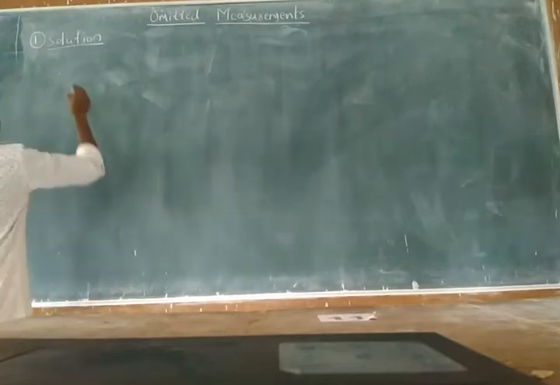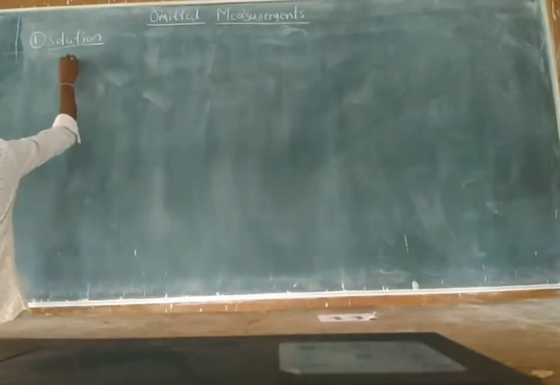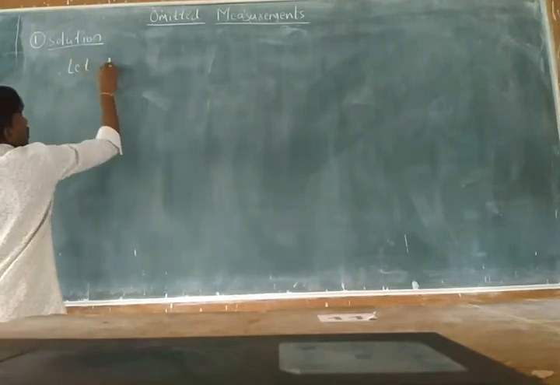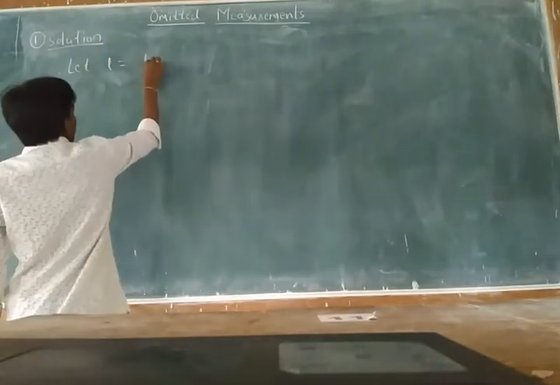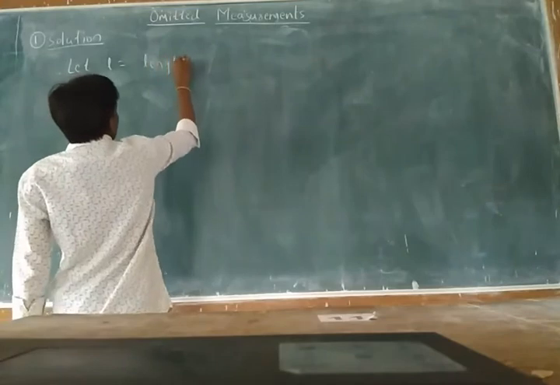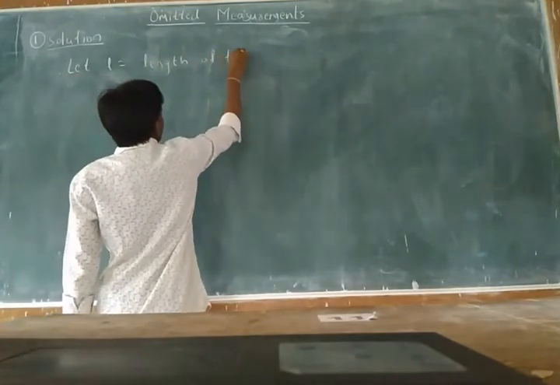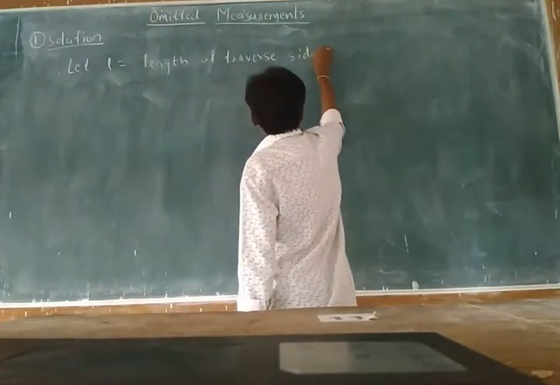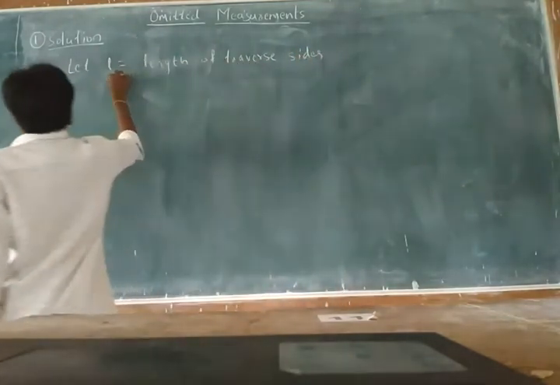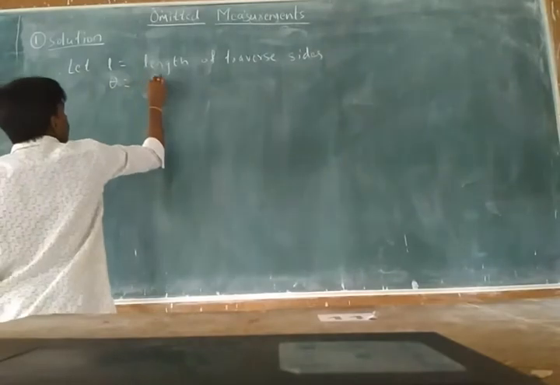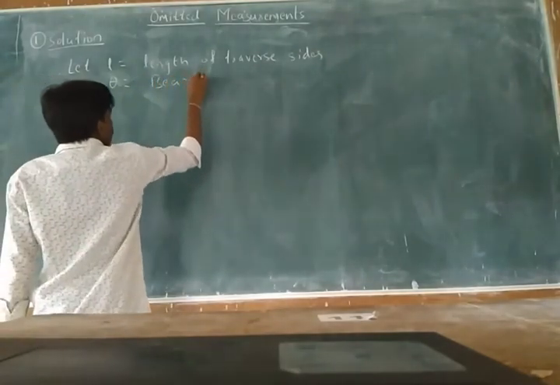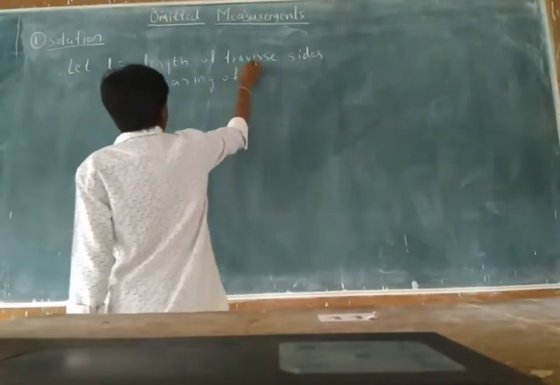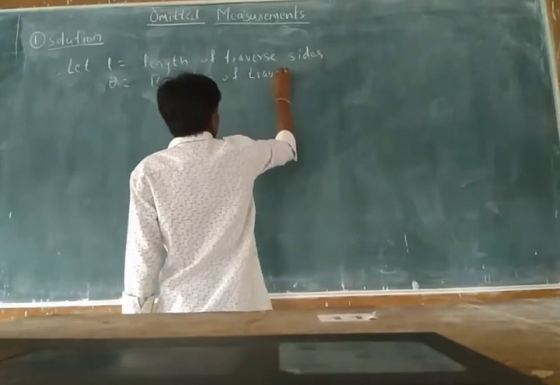here let's take L as length of traverse sides, and theta as bearings of traverse sides.